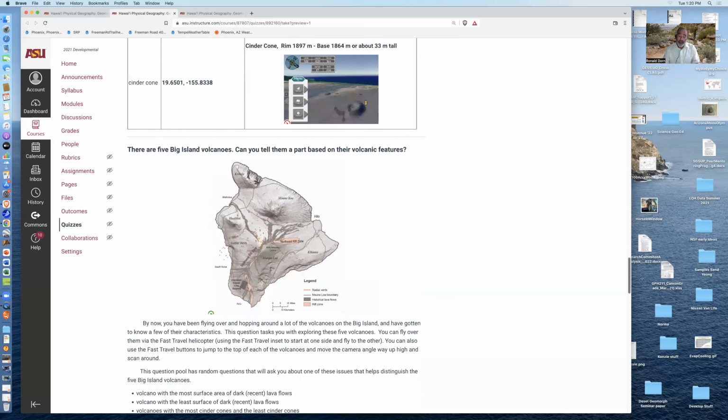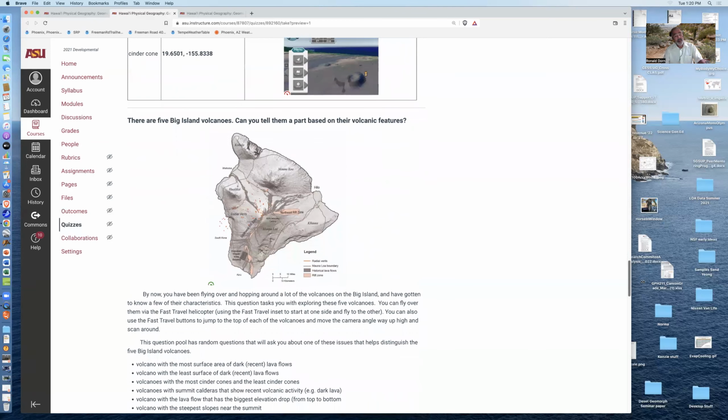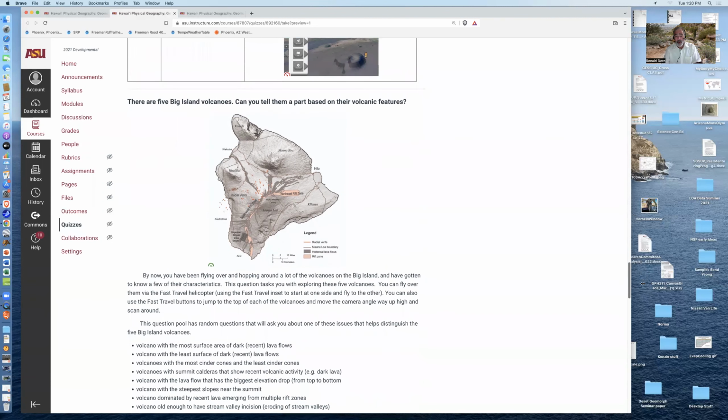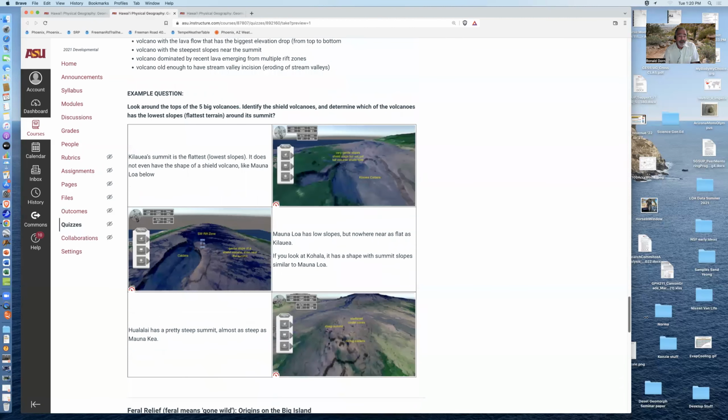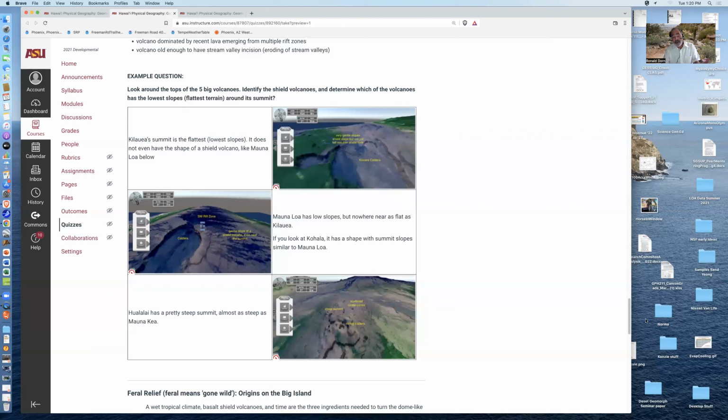The second question in this lab is, can you tell apart the big five volcanoes from their features? Can you tell Mauna Kea apart from Hualalai from Kilauea? An example question is, if you look around the big five volcanoes and go there in the video game, can you identify which volcano has the lowest slopes, the flattest terrain around its summit?